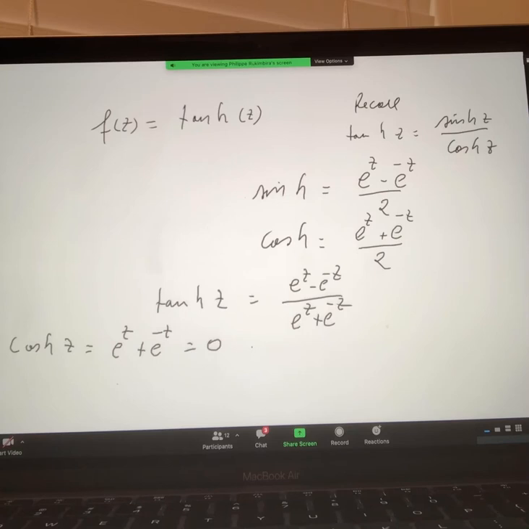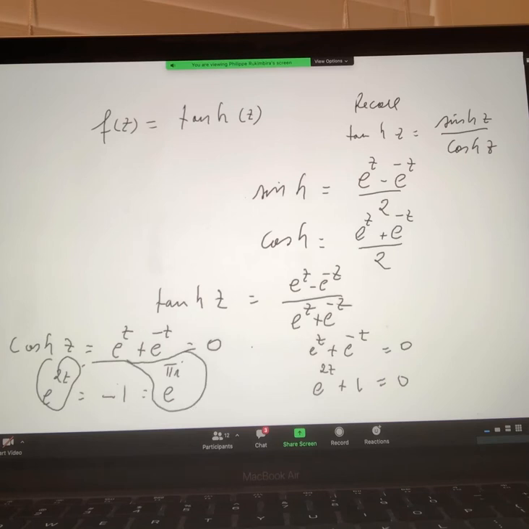So no pause yet? I will find the pole by solving this equation.